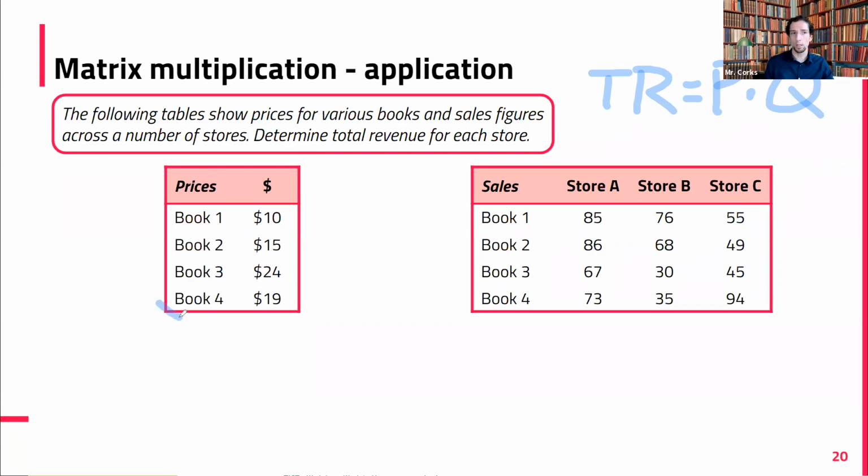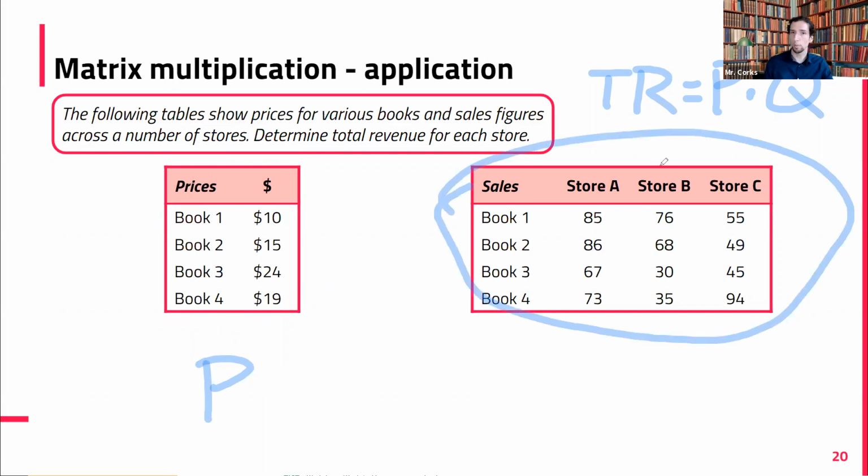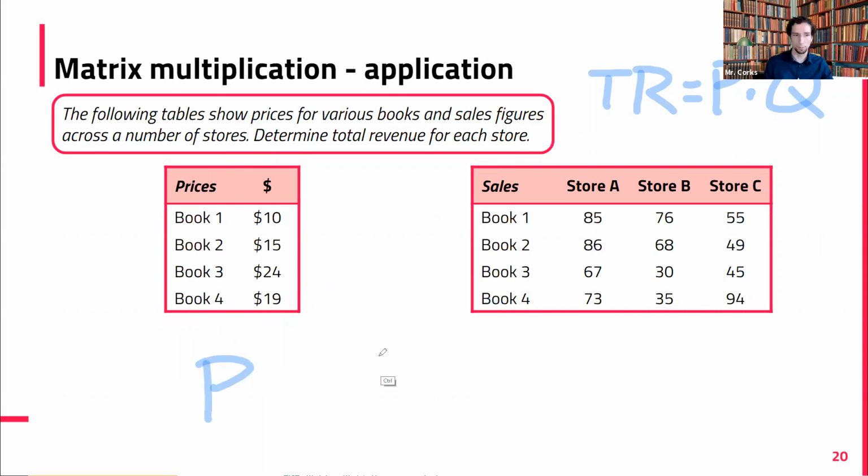So look at the things that we have here. This is a table of all of the prices that consumers would pay. That's kind of P, right? And then this other one, the sales number, is the quantity sold, Q. So it's kind of working, right?